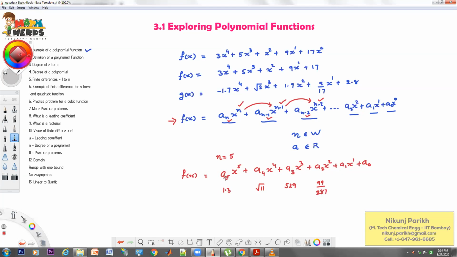So there is no relation between a_5, a_4, a_3, a_2, a_1 and a_0. But this 5 is an exponent of x and it decreases by 1. So you can see some sort of pattern here as a power of x. But that pattern does not exist when we talk about a values. Clear?